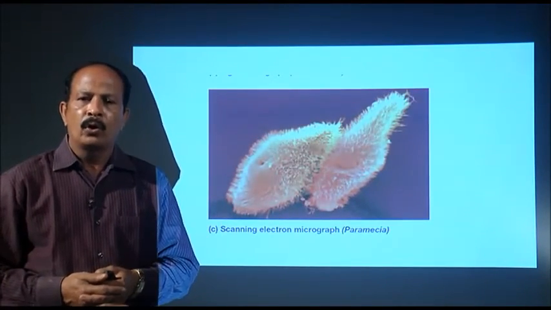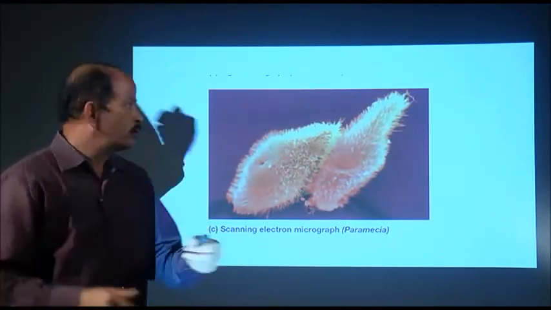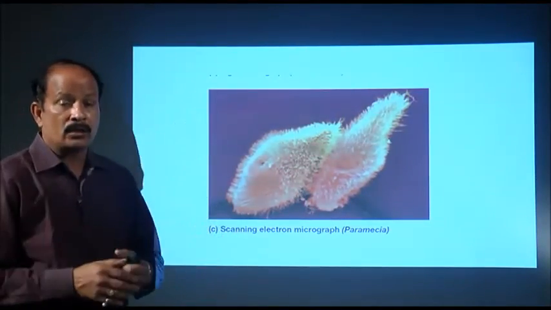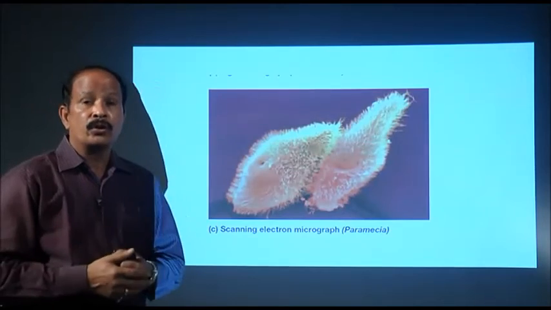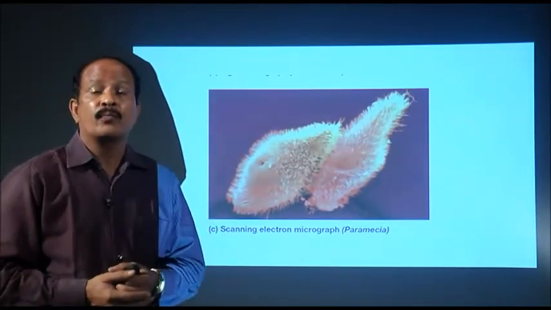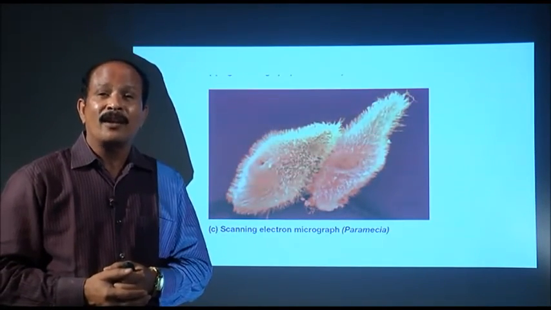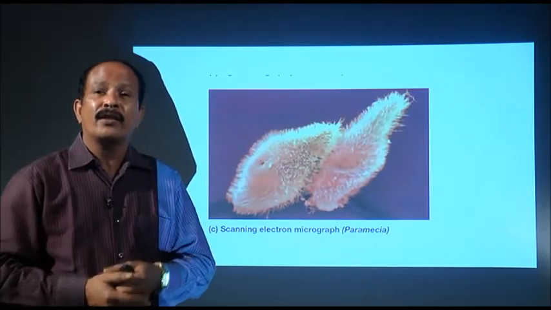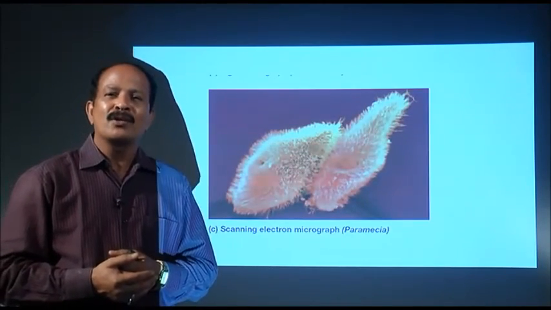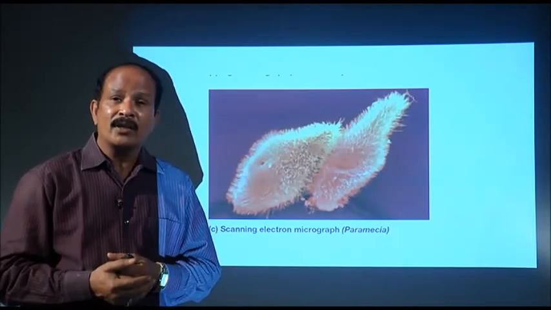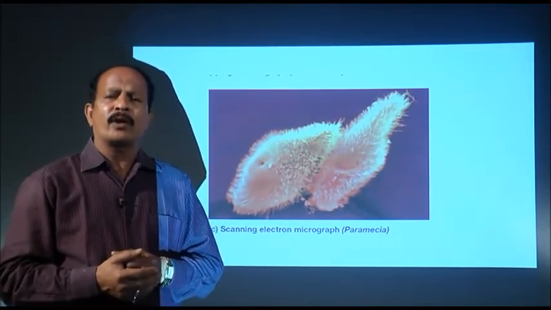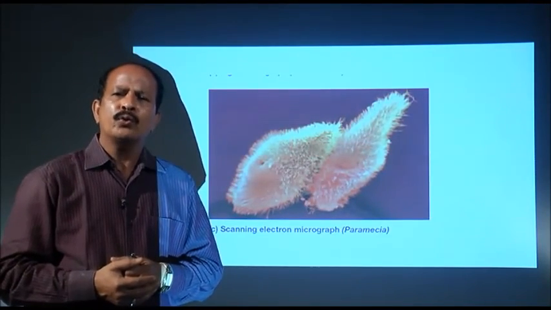I hope with our explanation, photography, drawings, we are in a position to build up a concept that inside the cell certain skeleton exist, and they are made of protein filaments of different types, different thickness, and they are highly dynamic. They change soon.